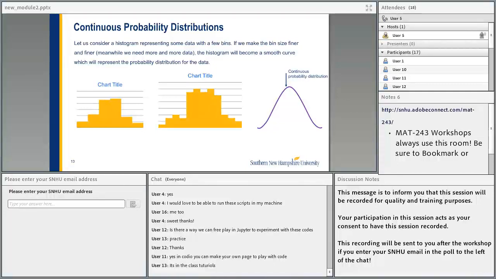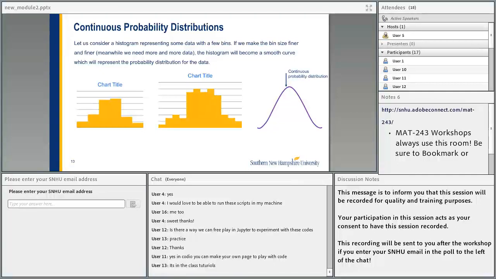All right, continuous probability distributions. So what's a continuous probability distribution? If you look at the first diagram, I have a histogram with a bin size which is quite large.